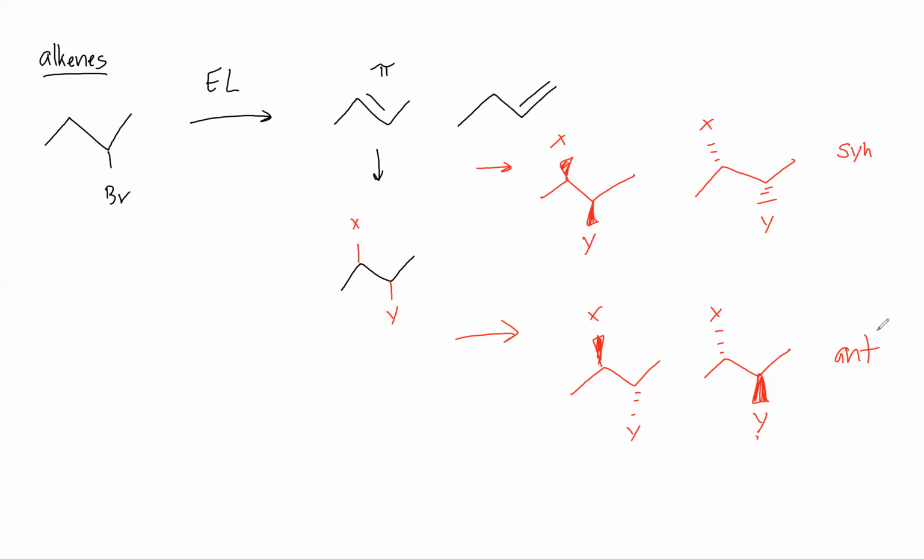Syn addition is when that addition puts the X and the Y, whatever we're adding, on the same side of our compound. And anti addition is when we add them to opposite sides of our compound. You'll see why syn or anti is the outcome depending on what kind of reaction we do. But I just want to make this terminology clear before we continue on. So that's syn and anti addition, just in general.